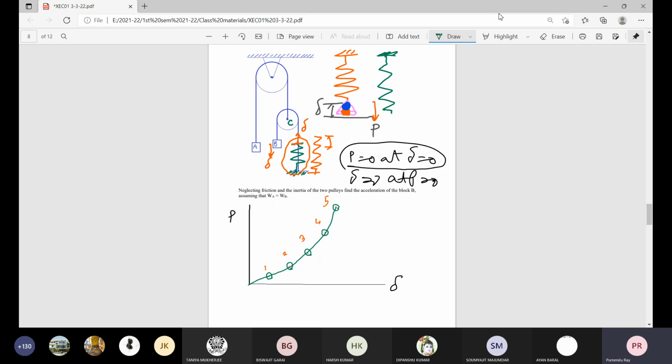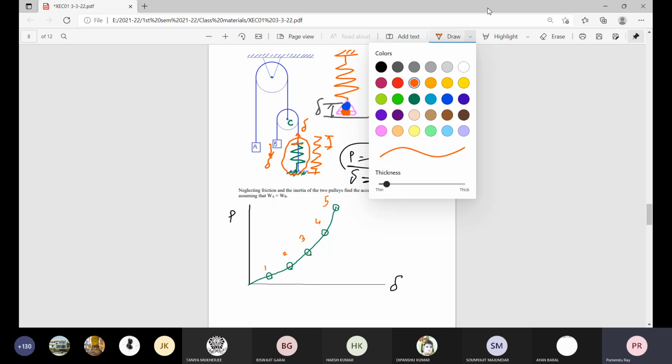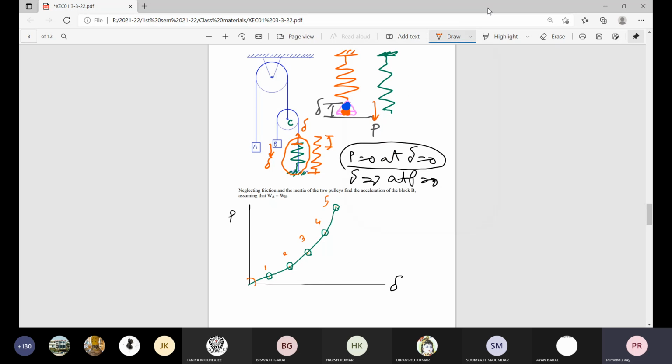If we try to fit this general curve for a parabola, you need to find out the constant, the focal distance, etc. But one thing is sure, the graph will always pass through the origin, because when there is no displacement, there is no force required, or when there is no force applied, there is no displacement developed. So this is the primary thing.